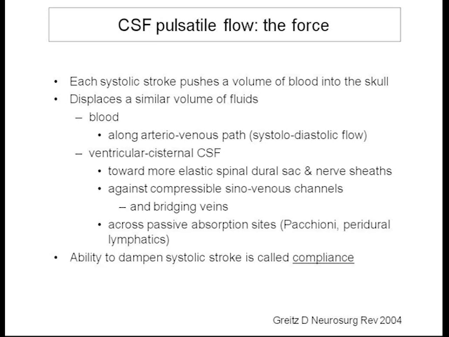So the force that drives the CSF and therefore the hydrocephalus is the pulsatile flow, which is due to the systolic stroke entering the brain, which displaces a similar volume of fluid. Most of it is blood along the arteriovenous path, but there is also ventricular cisternal CSF, and that goes toward the spinal canal against the compressible sinovenous channels. And this ability to dampen the systolic stroke is called the compliance.